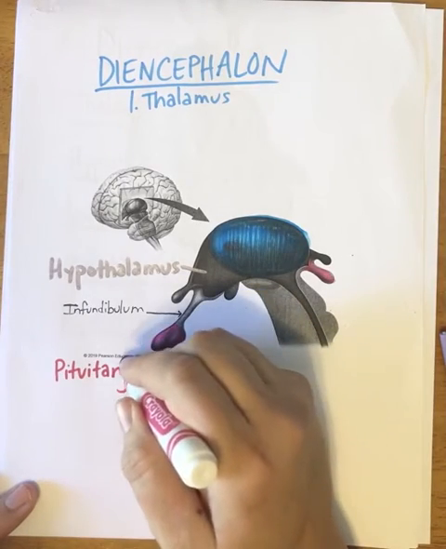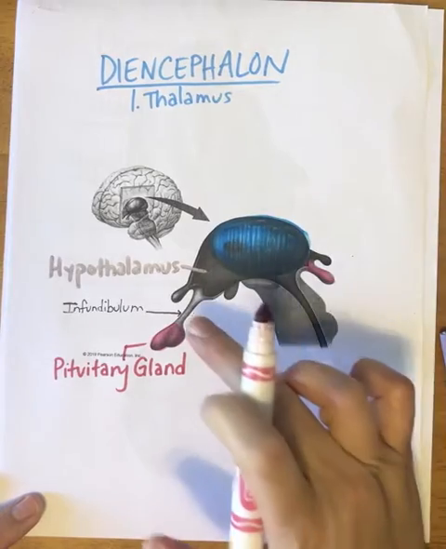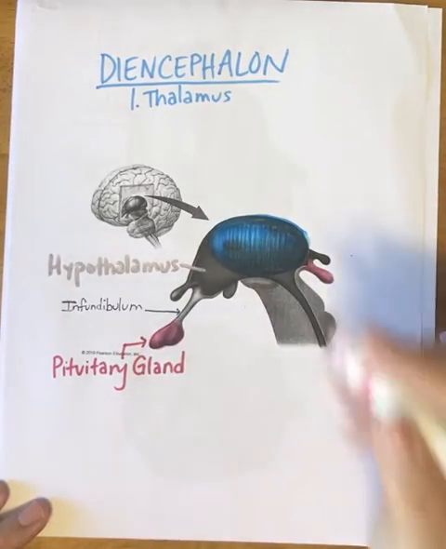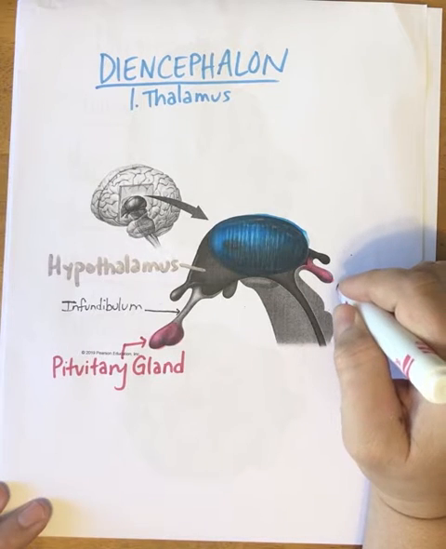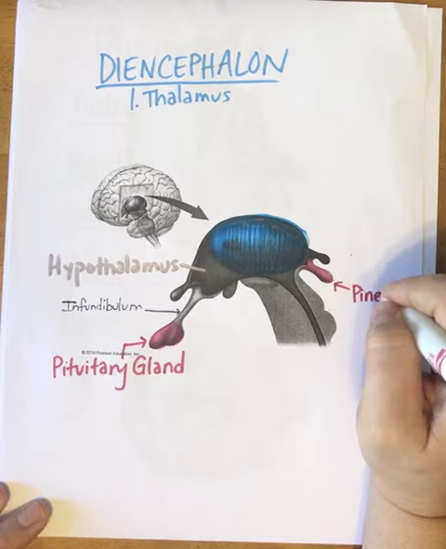Again, the pituitary gland is connected to the hypothalamus through a stalk called the infundibulum. And in the back, this pink structure is the pineal gland.